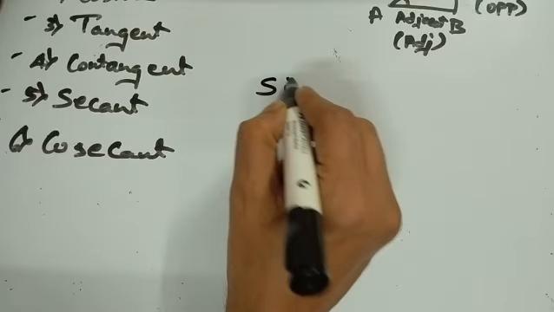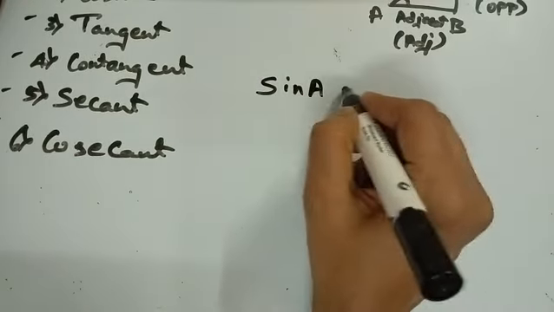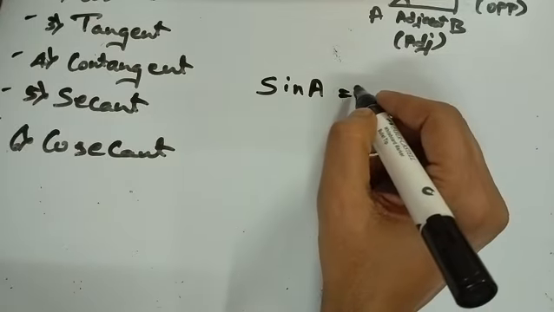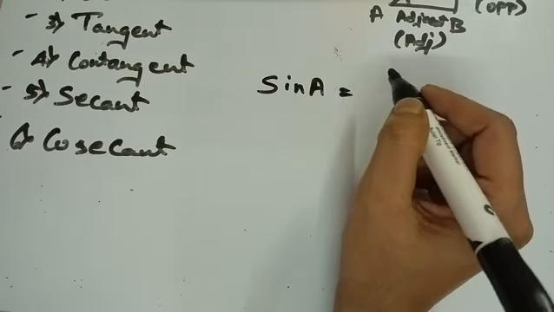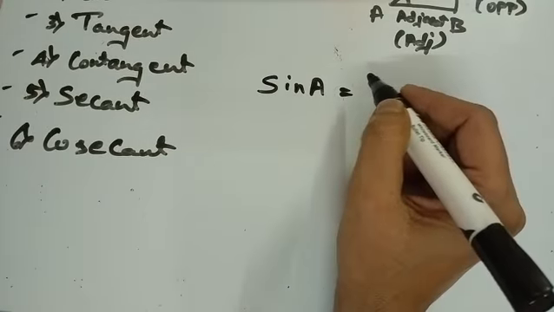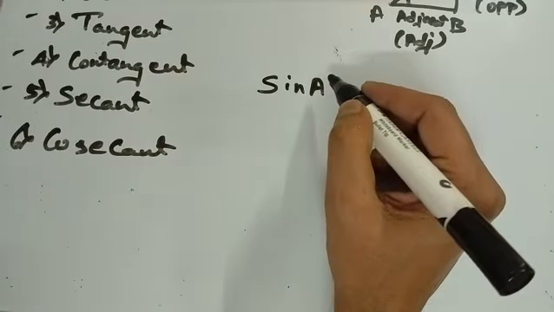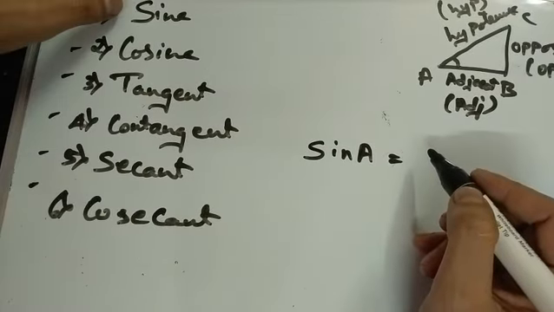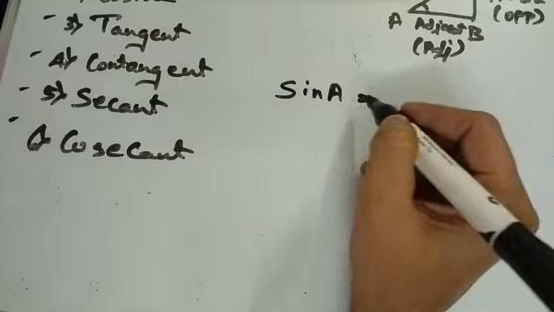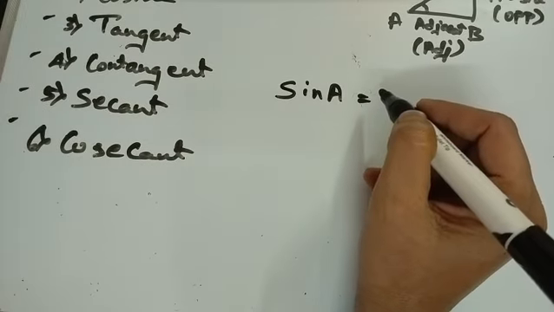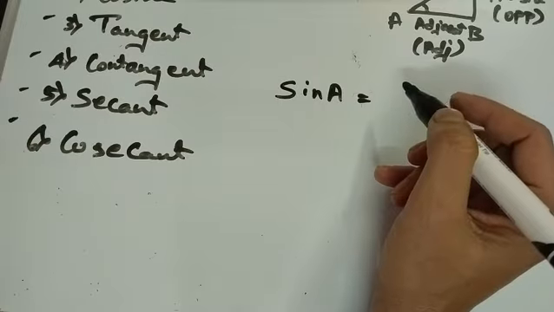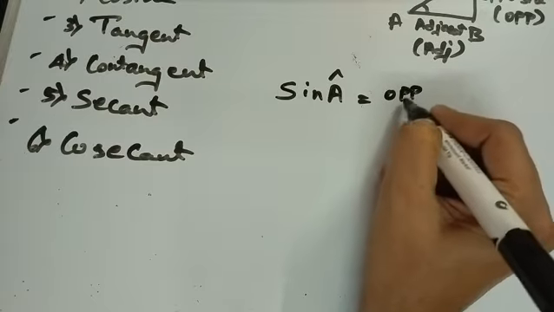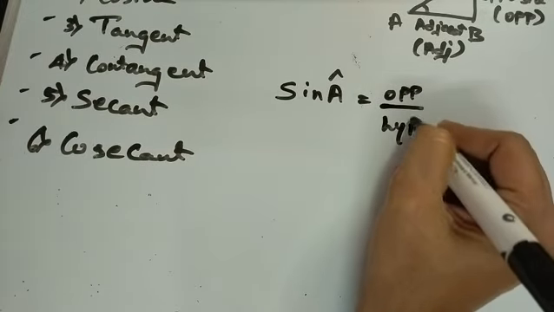Now we will jump over to the sine angle, considering sine A. Sine A can be written in short form as sin A. It is opposite by hypotenuse.